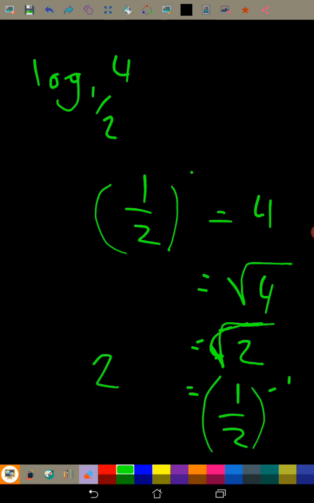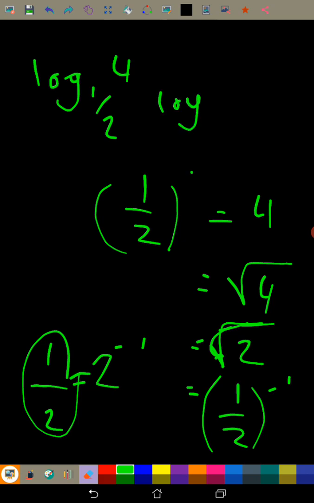So it's going to be to the power of -1. So we have come to the conclusion that temporarily we can write 2 to the power -1, and we need 2 to the power -1 something to get 4.